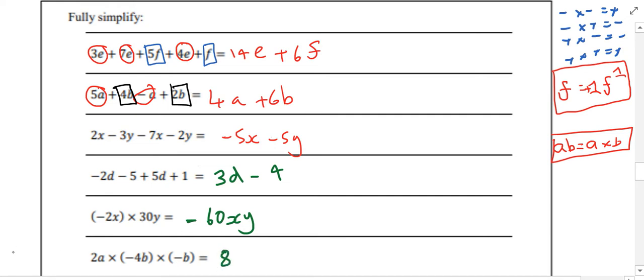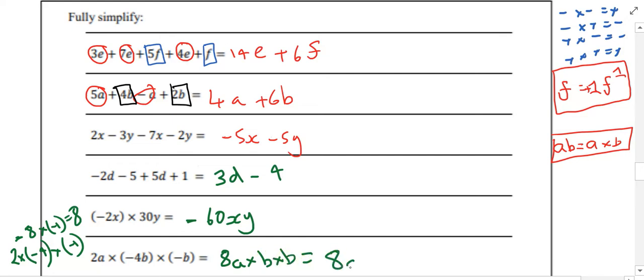Let's do that again. We've got 2 multiplied by -4, then multiplied by -1. Well, 2 times -4 is -8, multiplied by -1 just gives 8. And then we've got A multiplied by B multiplied by B. So that gives us 8ab squared.